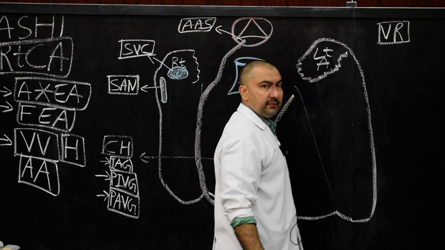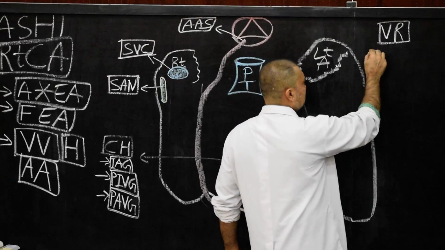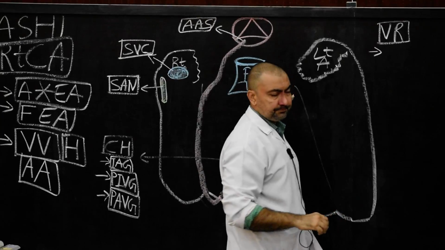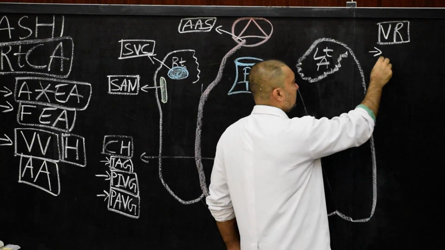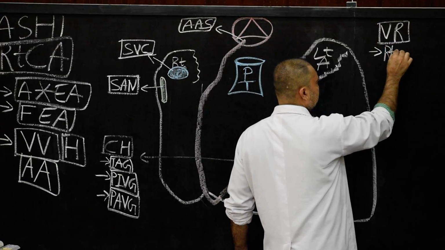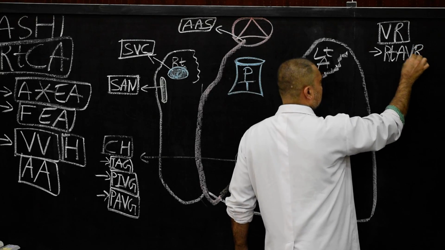What are the branches of the ventricular rami of the first segment? They are, I will write here, right anterior ventricular rami. These are the names of the branches.